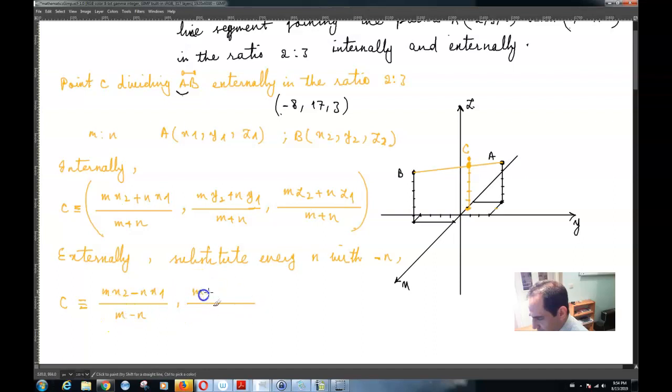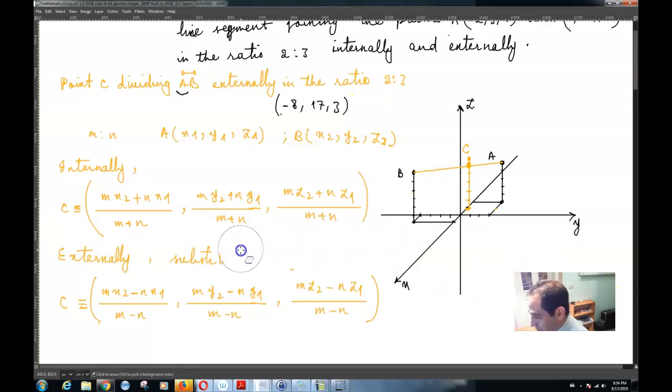The y coordinate is m times y2 minus n times y1 over m minus n, and the z coordinate would be m times z2 minus n times z1 over m minus n. So that is the formula that you want to use in the case of this situation.